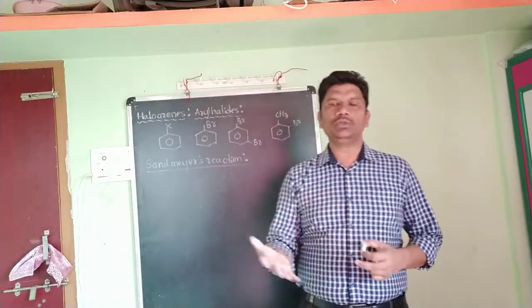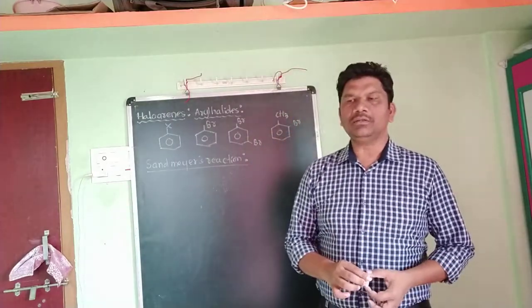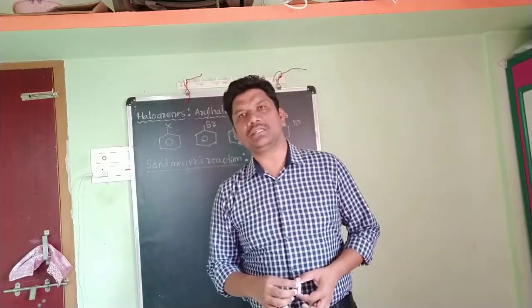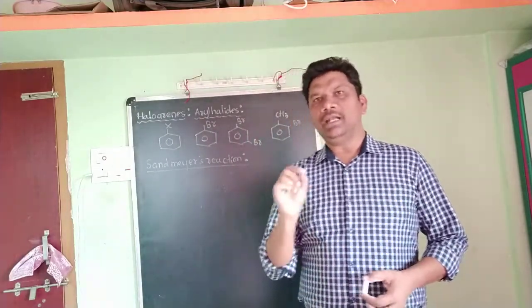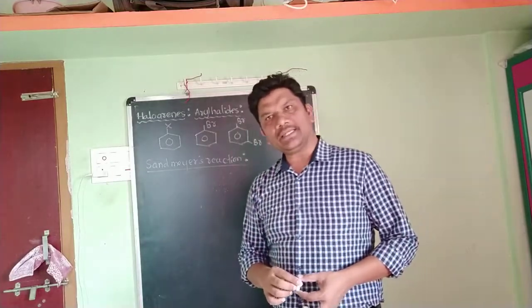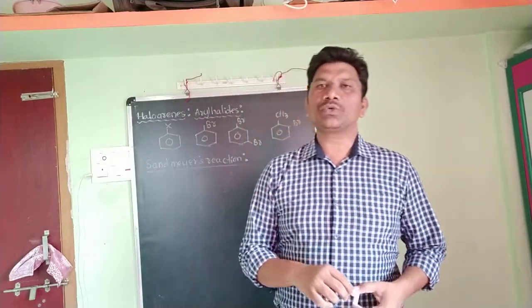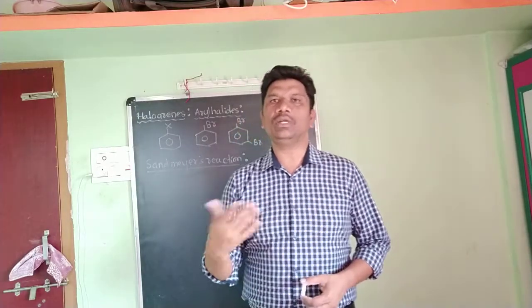Before going to the preparation of haloarene, we must first know what a diazotization reaction is. Diazotization means when aniline is dissolved in dilute hydrochloric acid and ice cold solution of sodium nitrite to form benzene diazonium chloride.